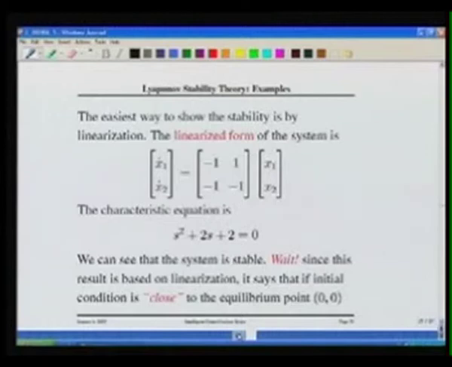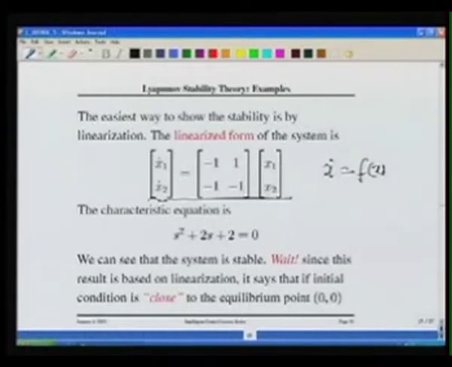You linearize, again we go back to the indirect method, and verify that the linearized system of the original x dot equal to f x is minus 1, 1, minus 1, minus 1 times x 1, x 2.